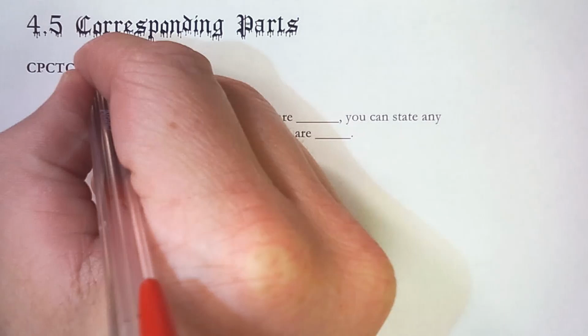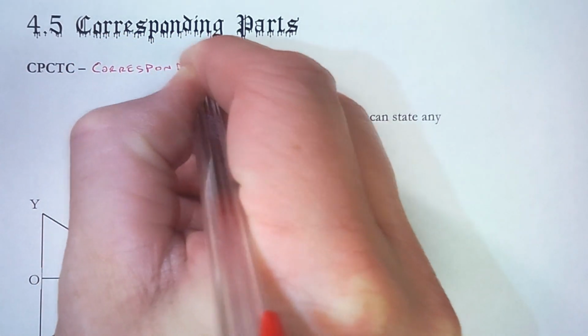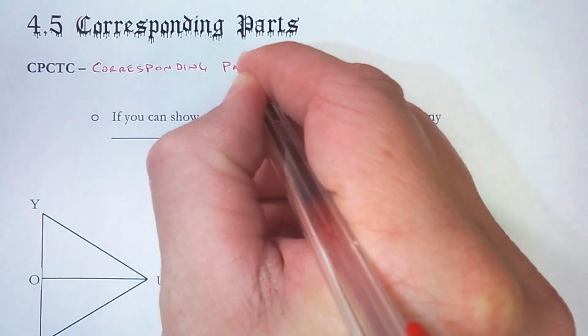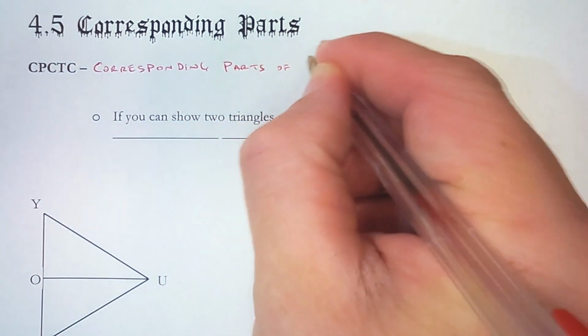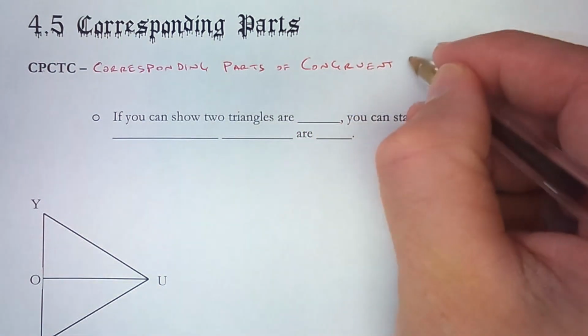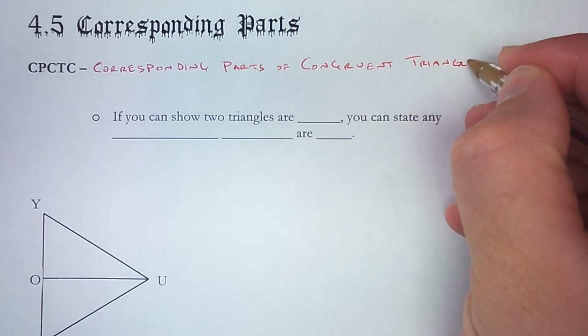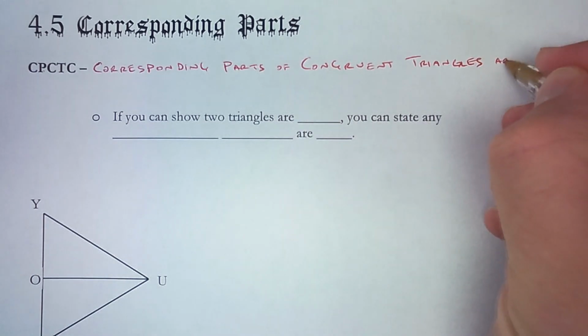CPCTC stands for corresponding parts of congruent triangles are congruent.